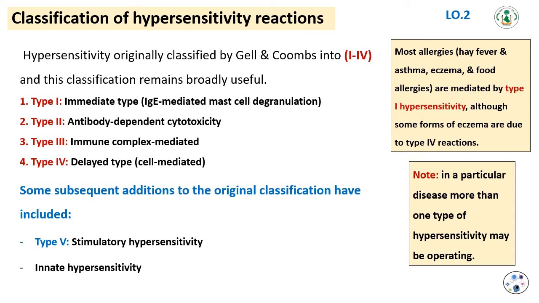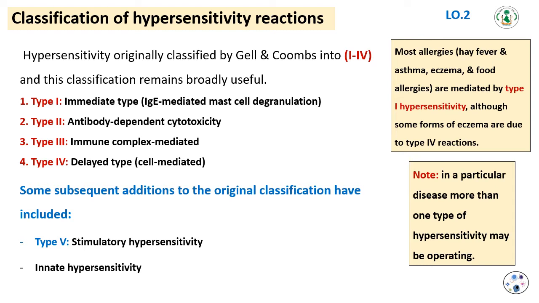Type 2, antibody-dependent cytotoxicity. Type 3, immune complex mediated. Type 4, delayed type, cell-mediated hypersensitivity reactions. Some subsequent additions to the original classification have included type 5, stimulatory hypersensitivity, and innate hypersensitivity.